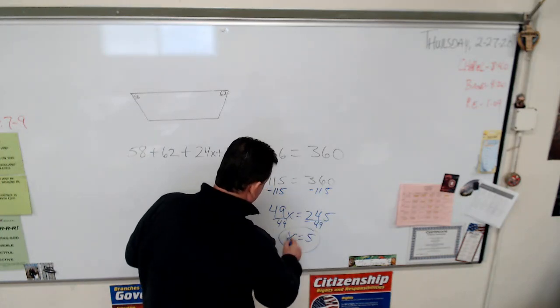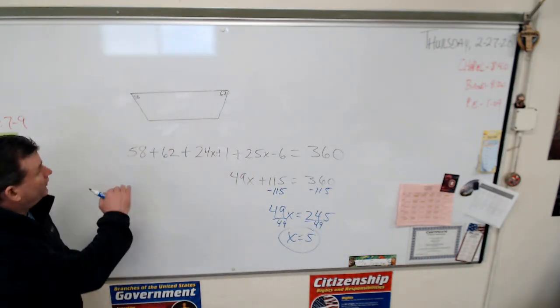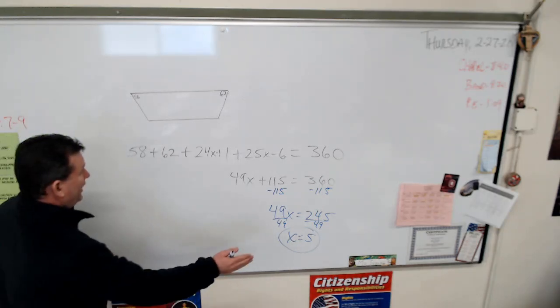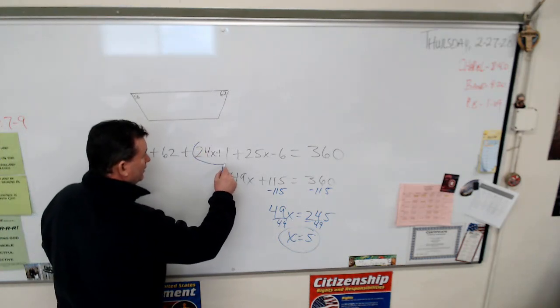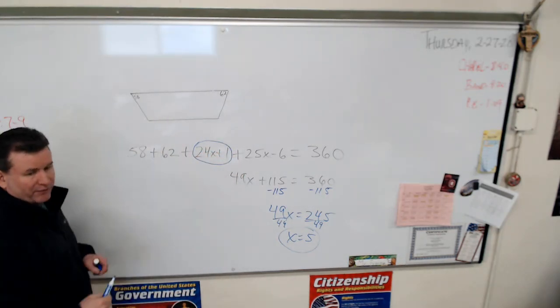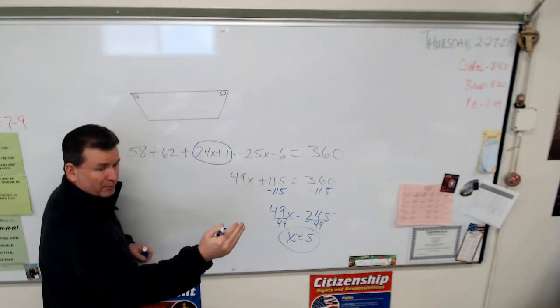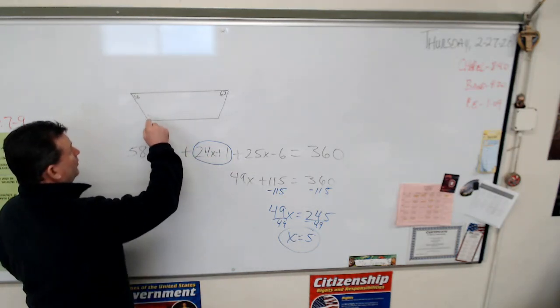Wait a minute. Are you saying that one of these angles is 5 degrees? No! If x is 5, how much is this bottom left angle? It's 24 times 5 plus 1, 121.